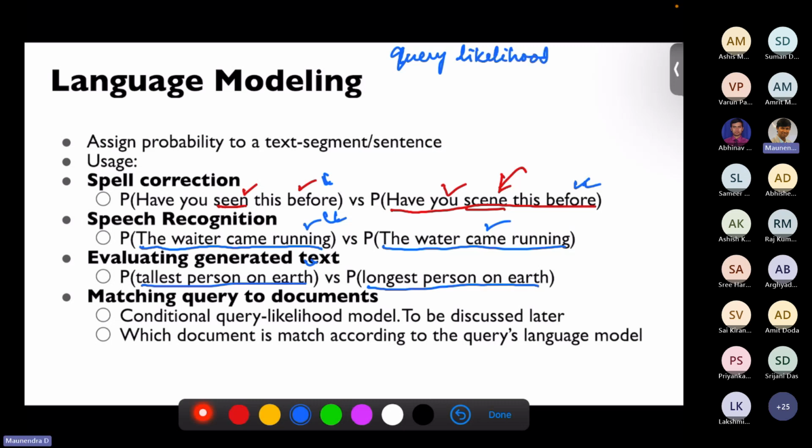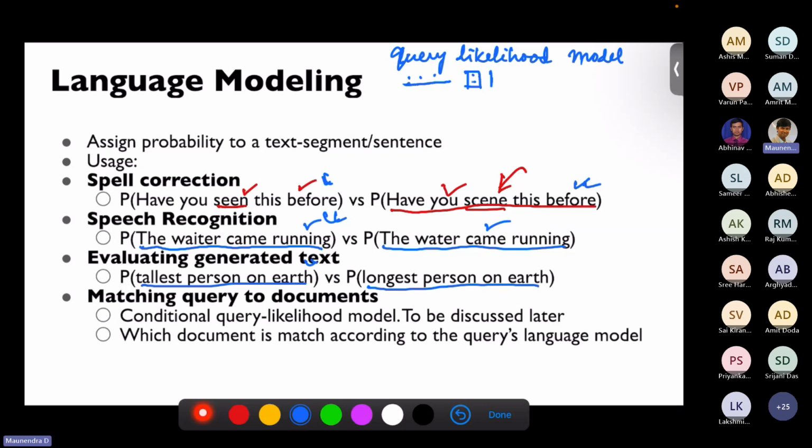Here the system assumes that the user, when typing a query, has some document in mind, and depending on what he or she expects to find in that target document, the keywords are chosen.